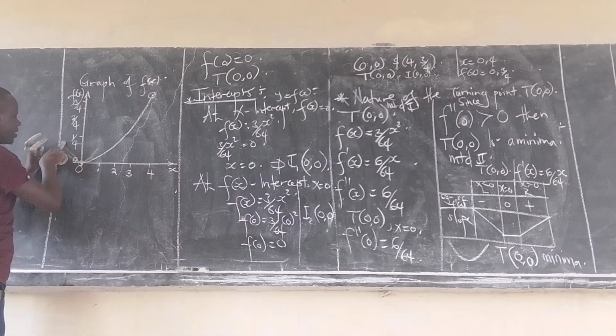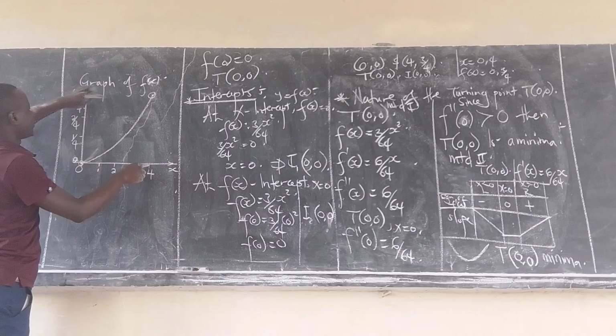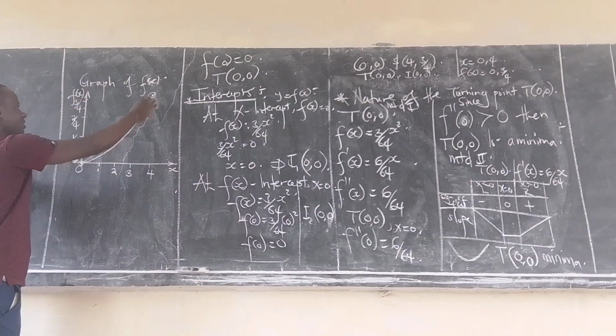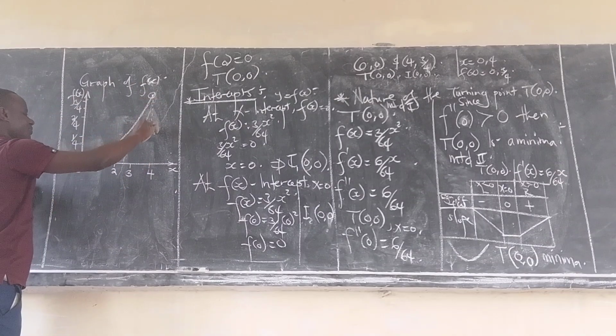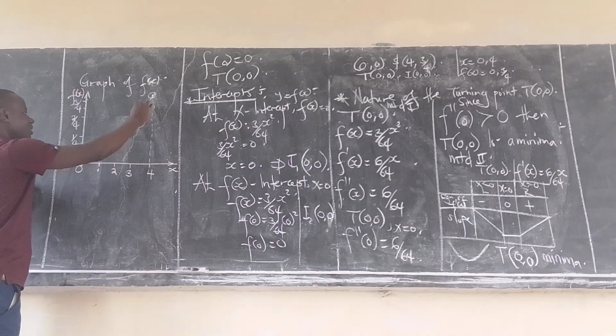Then we eliminate this part where the function was not defined, so that it strictly remains within the limits of the endpoints. That is 0, 0 and 4, 3 over 4. So after that, you draw this dotted line to indicate that it is beginning from here and ending there.